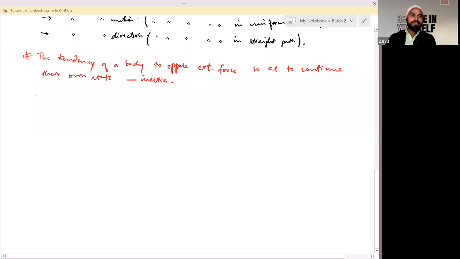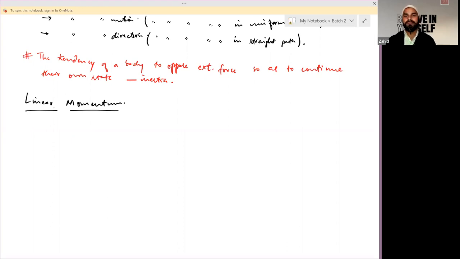Now the next term is linear momentum. Sabita, tell me about this. I'm not asking about its formula.